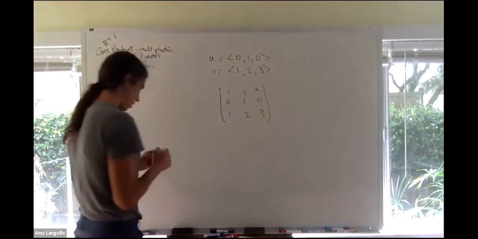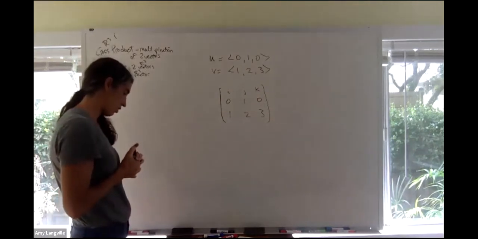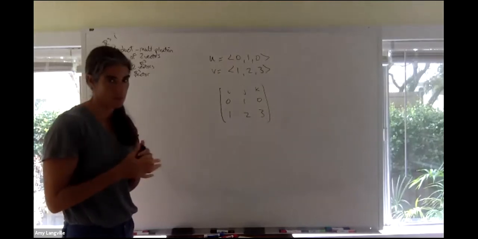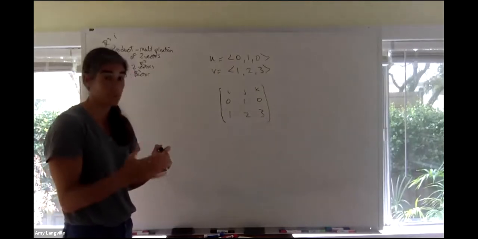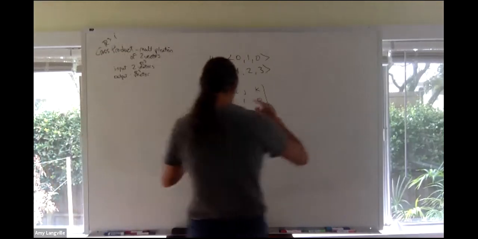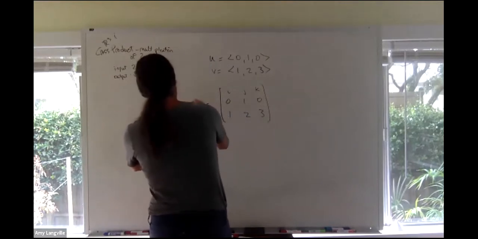And then we're going to do this cross product operation, which actually ends up being determinants of submatrices. Again, if you had linear algebra and know those words, great. If not, just watch the visualization of what's happening here. So this is u cross v.